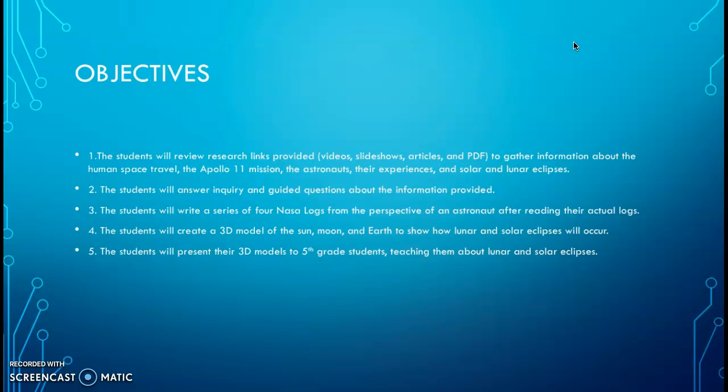Students will write a series of 4 NASA logs from the perspective of an astronaut after reading their actual logs. Students will create a 3D model of the sun, moon, and earth to show lunar and solar eclipses and how they will occur. And then students will present their 3D models to 5th grade students, teaching them about lunar and solar eclipses. This will be done in small groups after the projects are turned in.